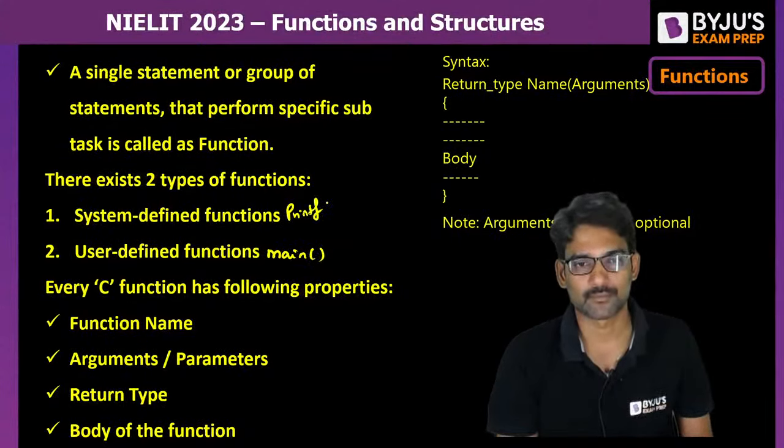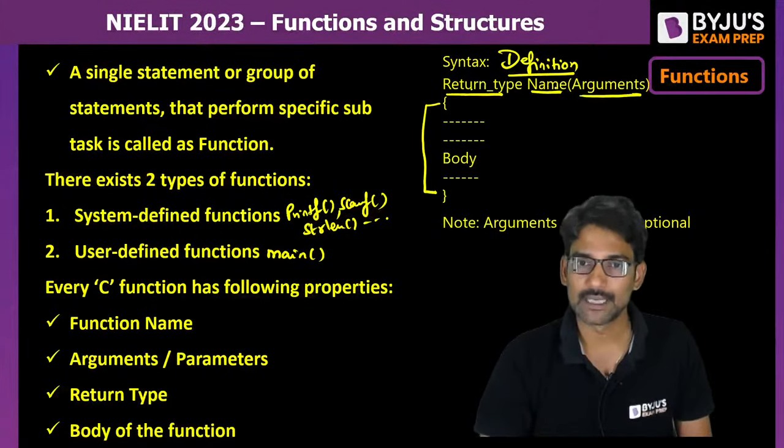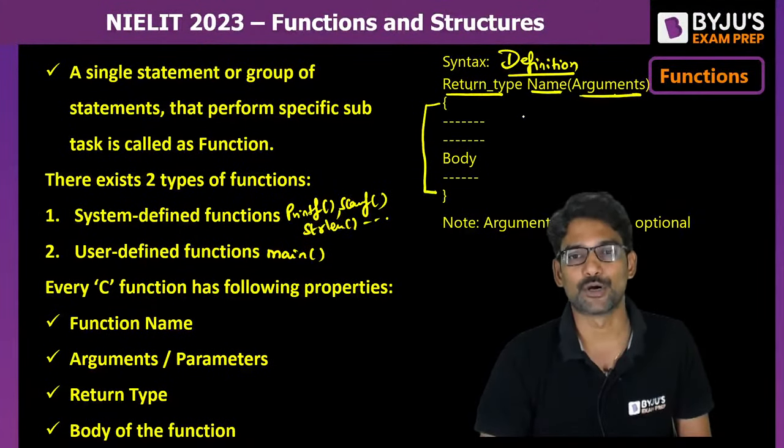This is the syntax for definition of a function: return type, name of the function, within the braces arguments, and within curly braces body. Body means what task this function has to do; the related statements we write inside this function block are called the body of the function. So return type, name, arguments, body.